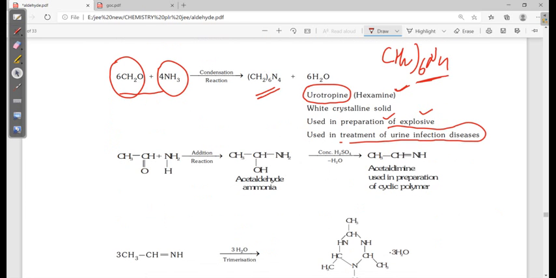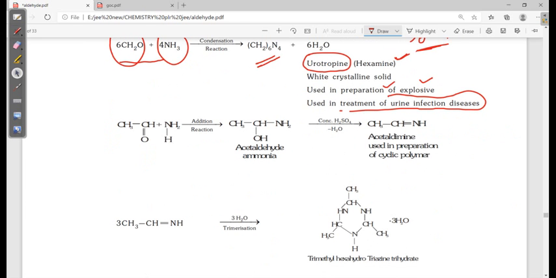Then acetaldehyde reacts with ammonia, forming acetaldehyde ammonia. It further reacts with concentrated H2SO4. What was the work of concentrated H2SO4? Removal of water molecule, a dehydrating agent. So it forms an imine, with a double bond: acetaldimine.